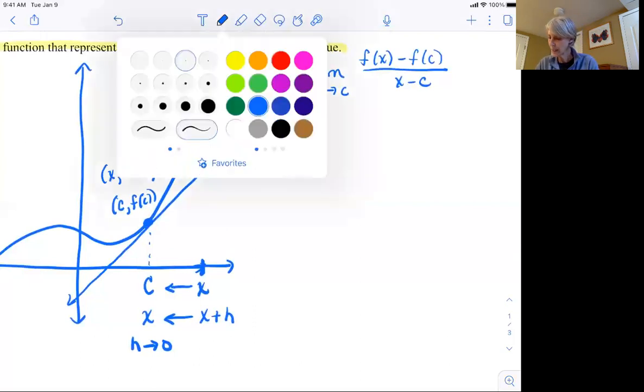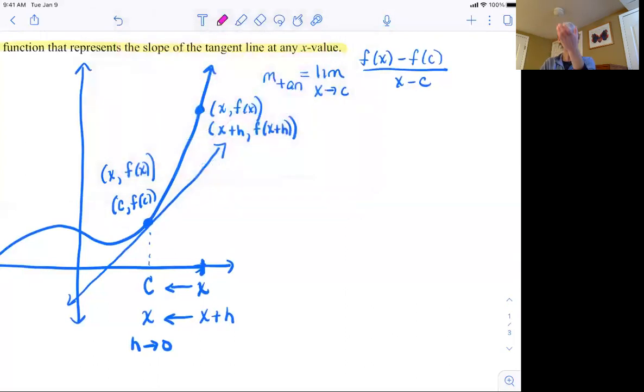So we're going to rewrite that slope formula. Now, instead of evaluating the limit as x approaches c, we're evaluating the limit as h approaches 0.